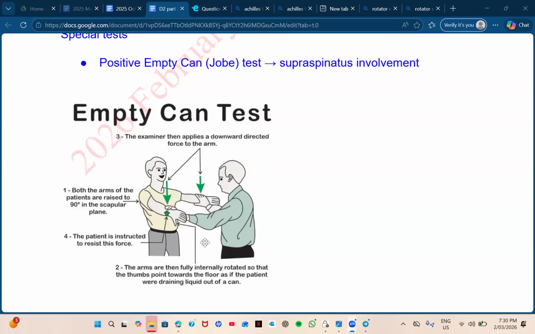So thumbs are down, hands are internally rotated, and the arms are at 90 degrees in the scapular plane. Next, the examiner applies a downward force to the arm, and the patient is instructed to resist this force. So this is the empty can test.